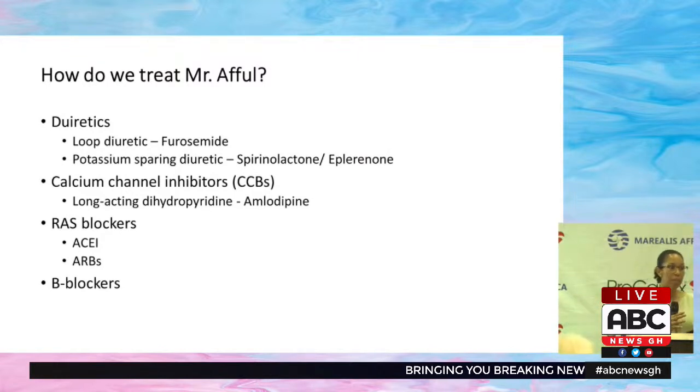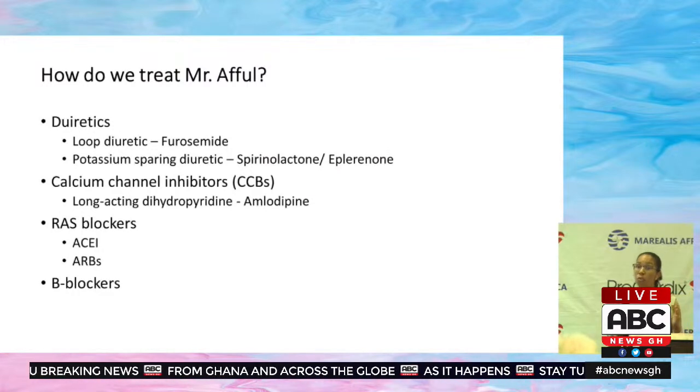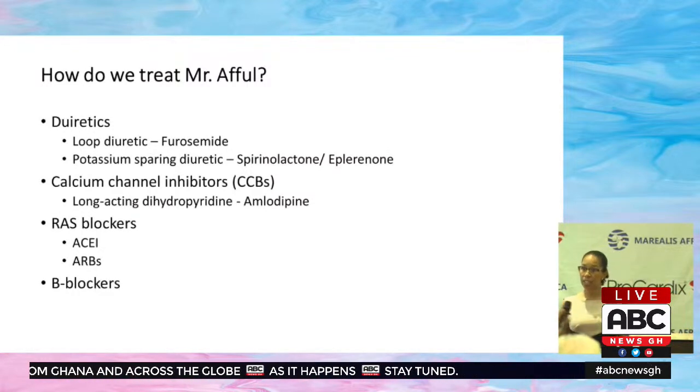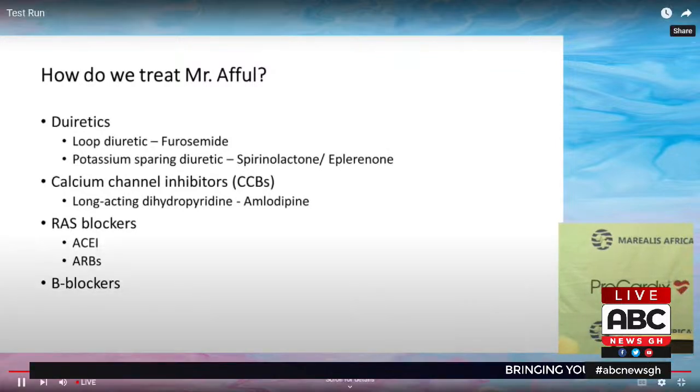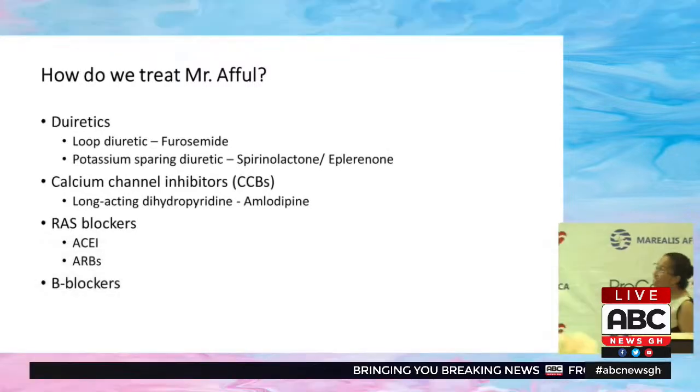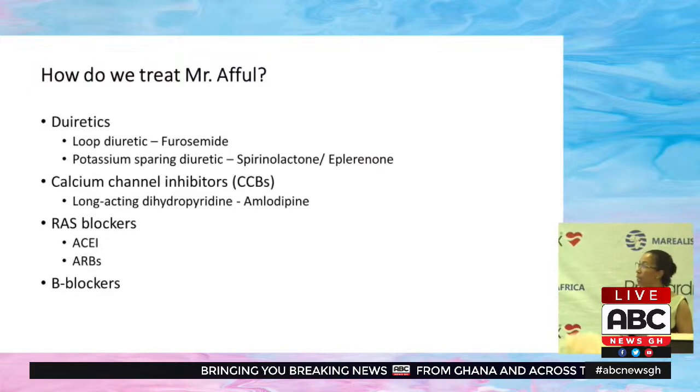Even 60 beats per minute would be ideal for those patients. So beta blockers are very good for these patients. They increase their diastolic time, increase filling, and therefore give a greater stroke volume, and therefore these patients will complain less of the easy fatigue that they complain of.